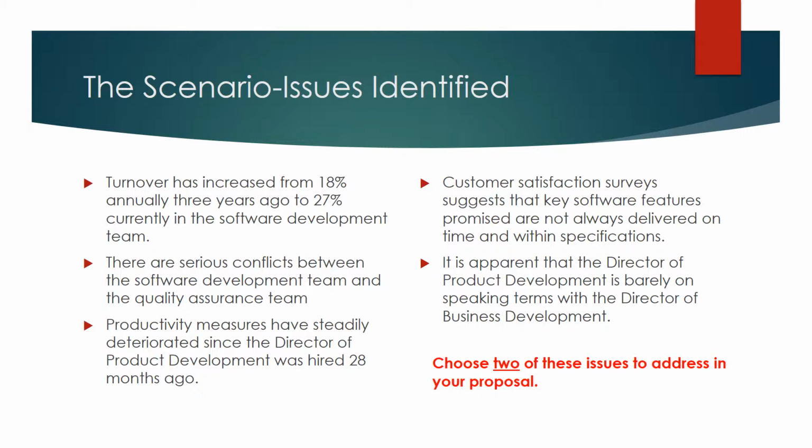The first one, turnover has increased from 18% annually 3 years ago to 27% currently in the software development team. The second issue, there are serious conflicts between the software development team and the quality assurance team. Third, productivity measures have steadily deteriorated since the director of product development was hired 28 months ago.